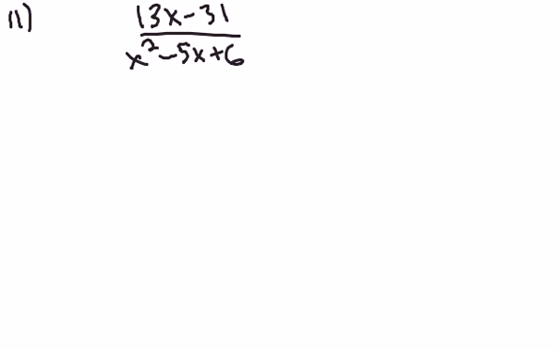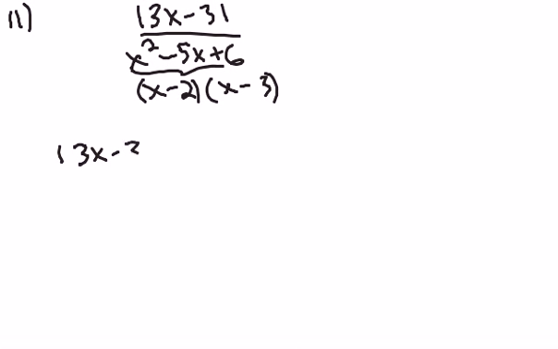So now we're going to start getting into some partial fractions. Okay, so first of all, this can be factored as x minus 2, x minus 3. So I'm actually going to rewrite the problem down here using that factoring.